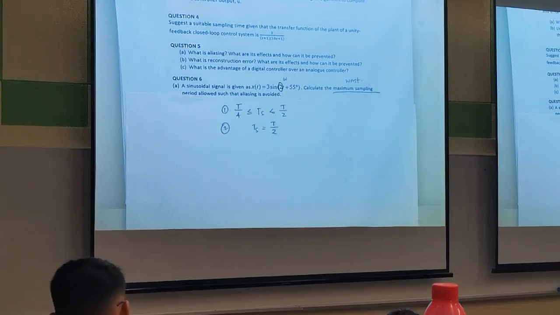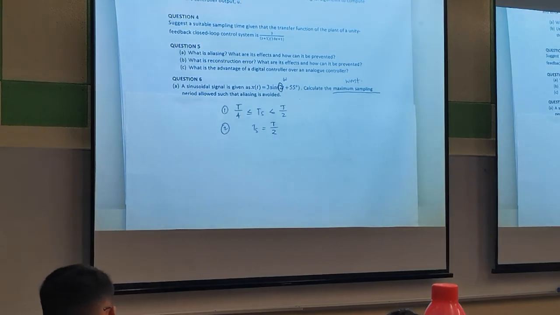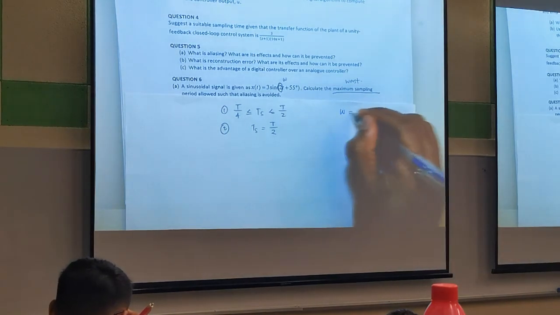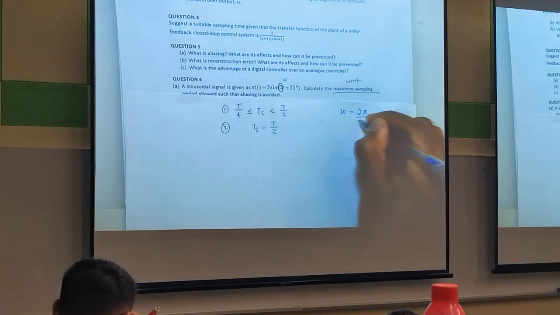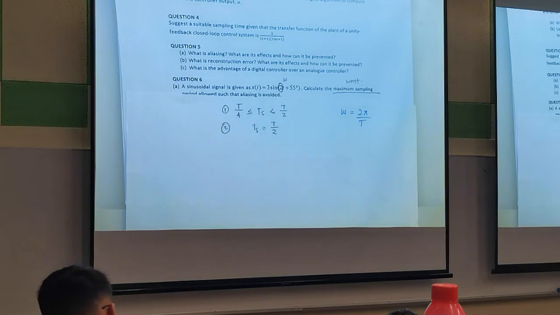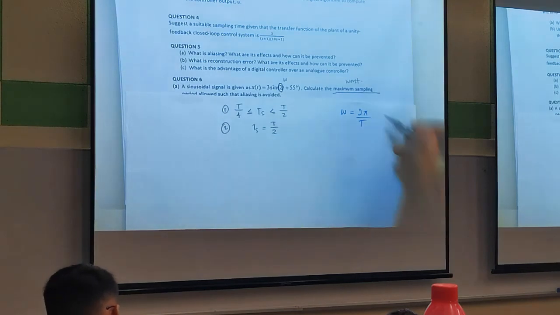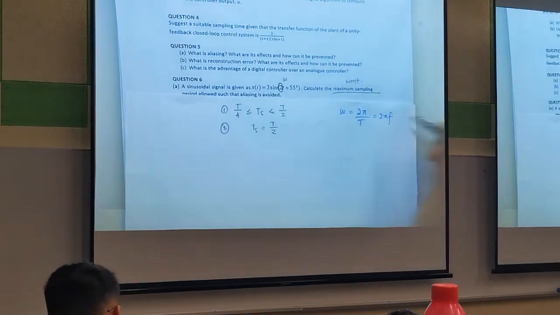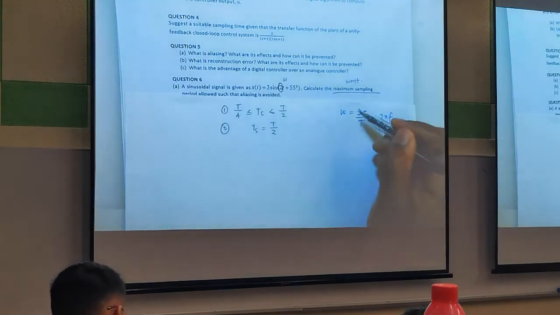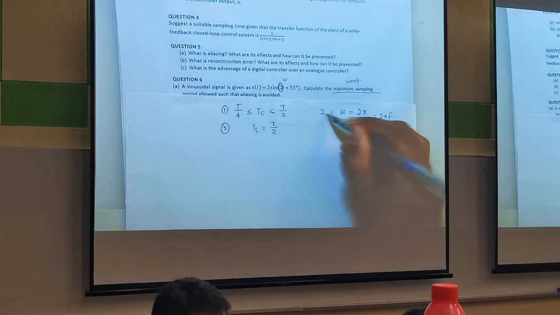So how is omega related to capital T? Omega is 2 pi over T, or 2 pi F. All these relationships must also be in your cheat sheet, please. So if omega equals 2, what is my T?